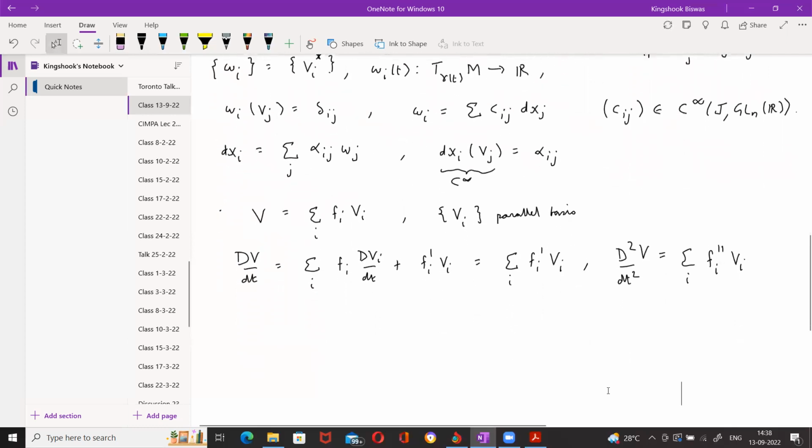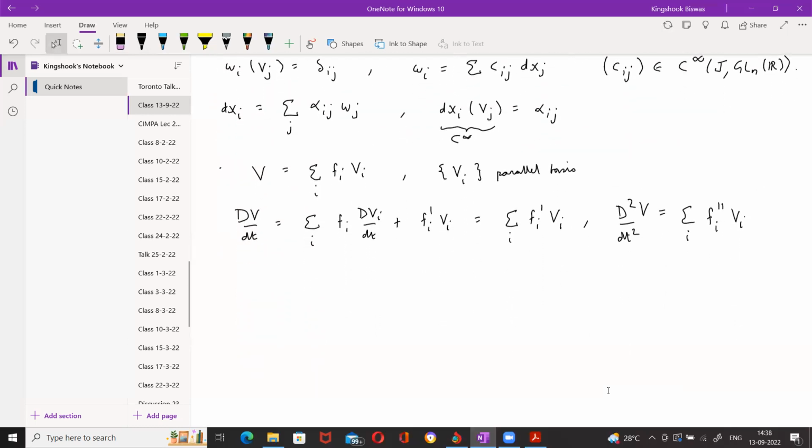And this tells us, in fact, that we can recover the covariant derivative from the parallel transport maps as follows.